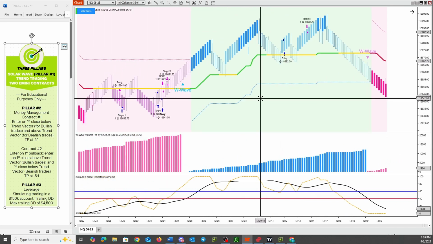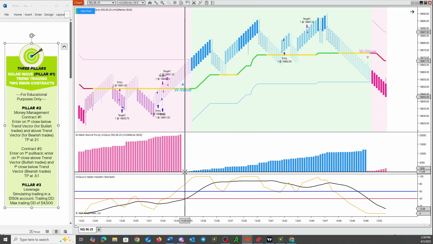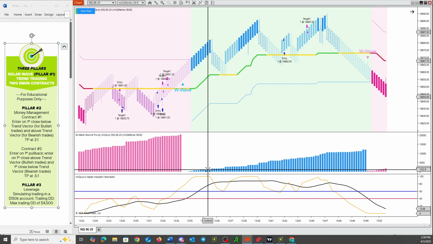Let's look at a bullish example. W-wave triggers. You can't see it, but it starts popping above those thresholds right here. It starts accumulating.